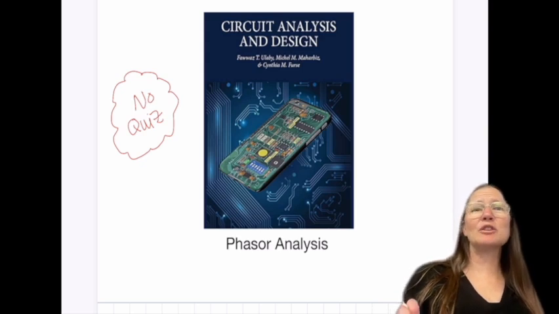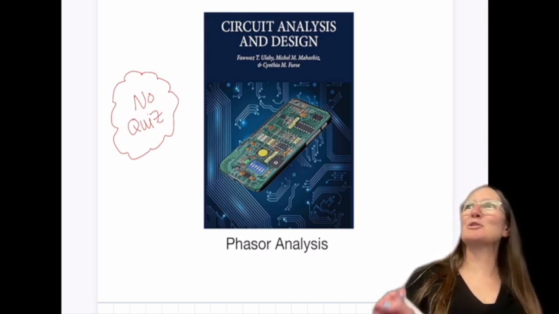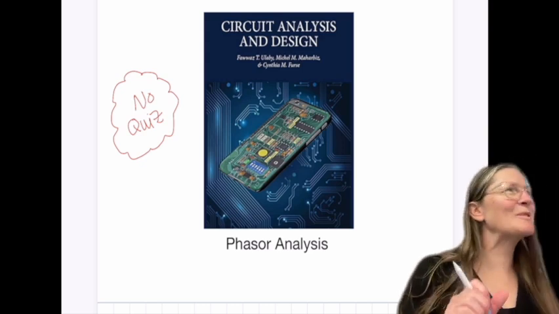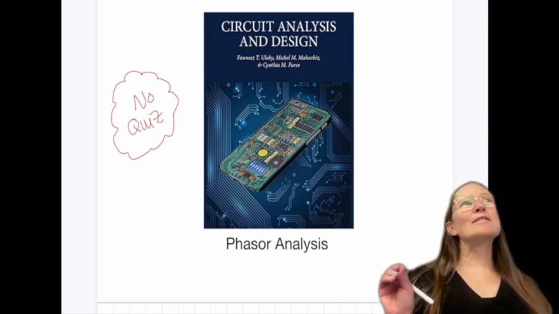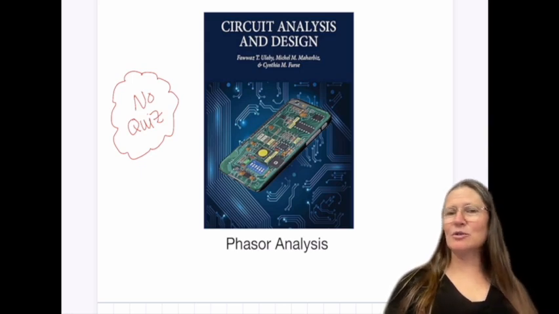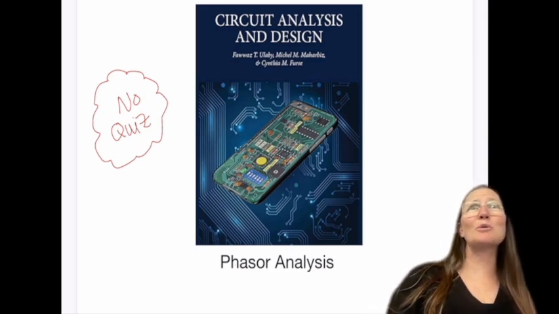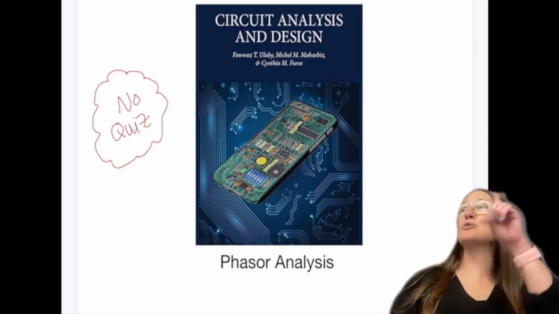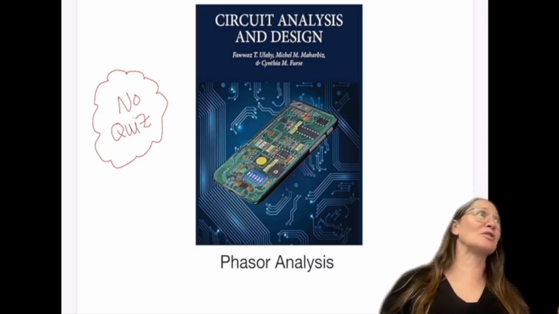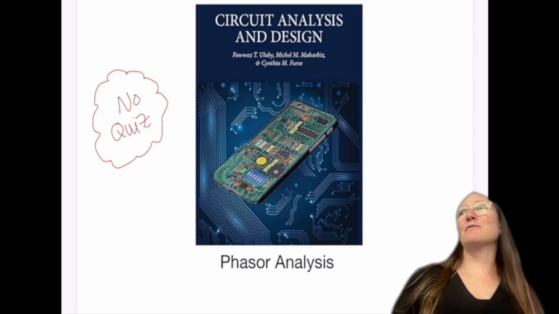Hey, last unit of material. Where are we? Exam 2, Exam 3. So the last material content is utilizing phasors to actually analyze the circuit. Instead of just one capacitor or one inductor in the circuit, what if we have 5?